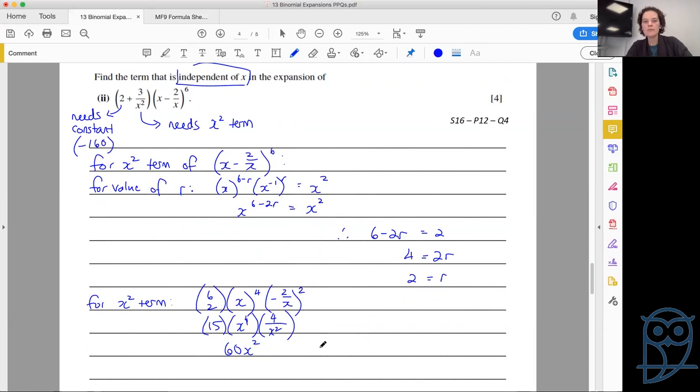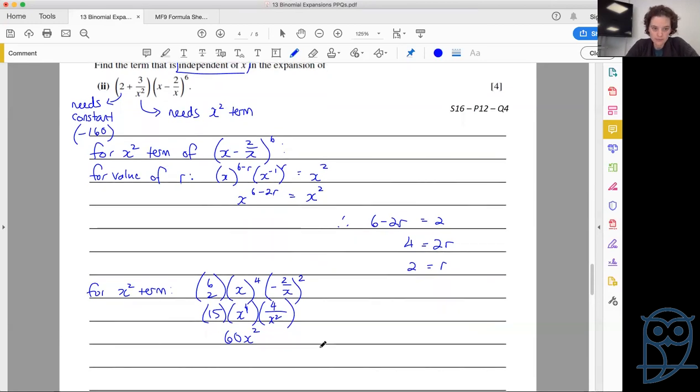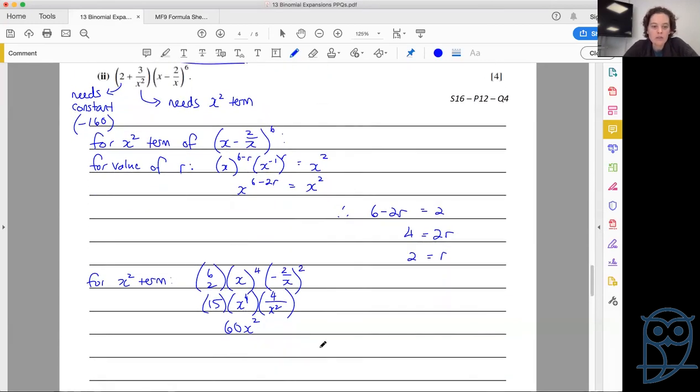Right. Now we are ready for our term independent of x in all the nonsense. It doesn't take you long to write things out like this, but it helps keep your head straight and your examiner following what you're doing.